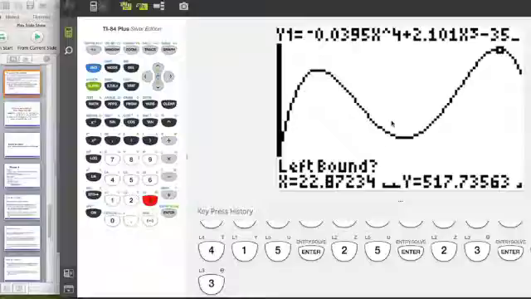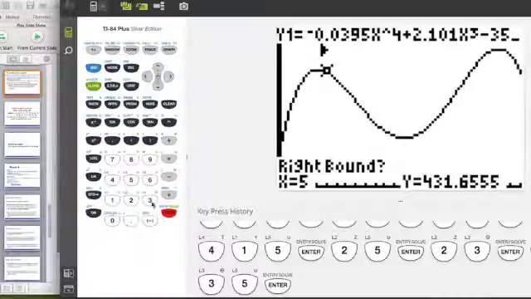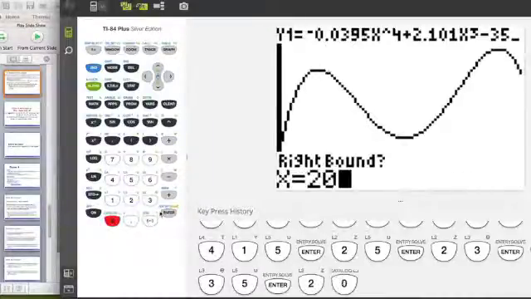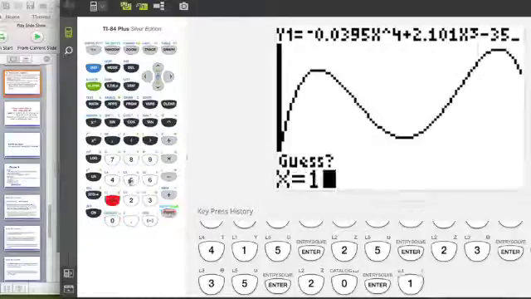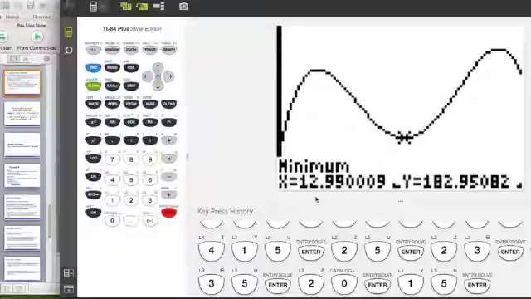This appears to be in the middle, around 12 or 13. So let's say something over here might be 5 for the left side, might be 20 for the right side, and we can take a guess at 15. We found out it's 12.99, so that appears to be 13, and 182.9, so 183 fatalities.